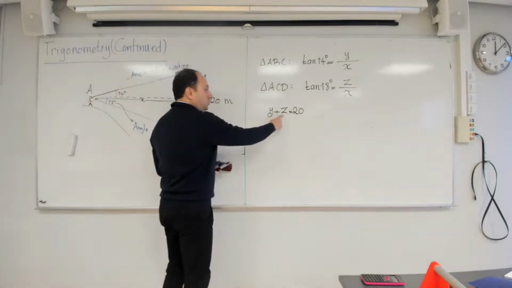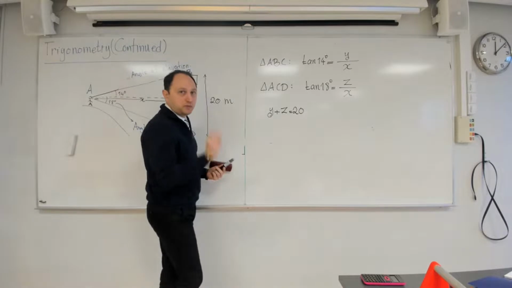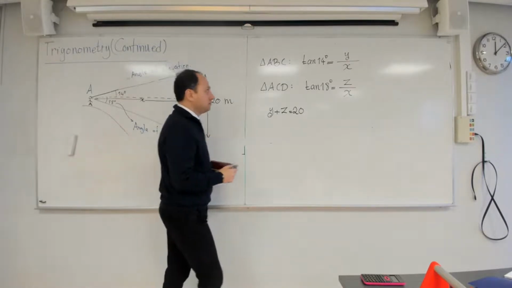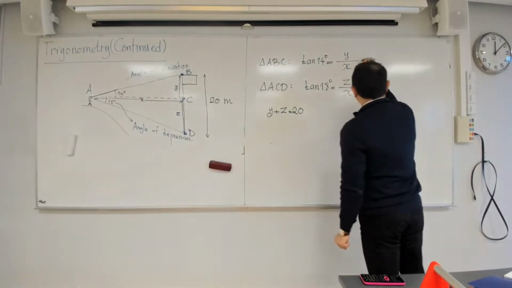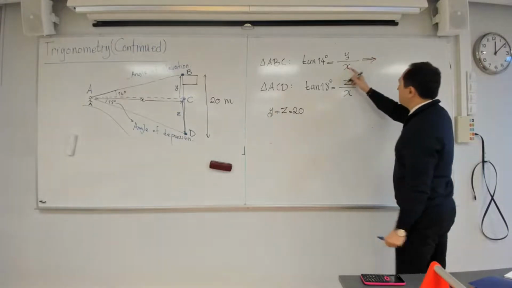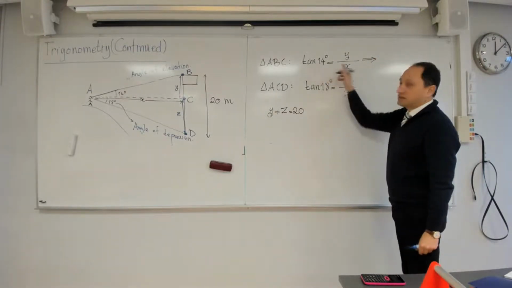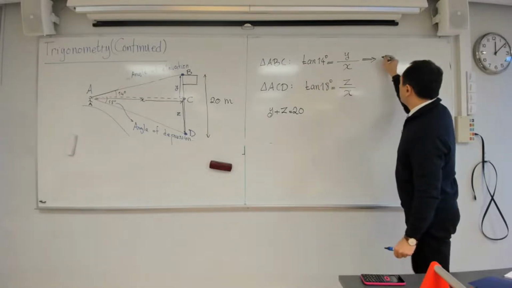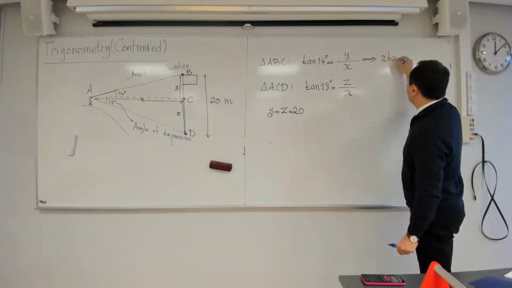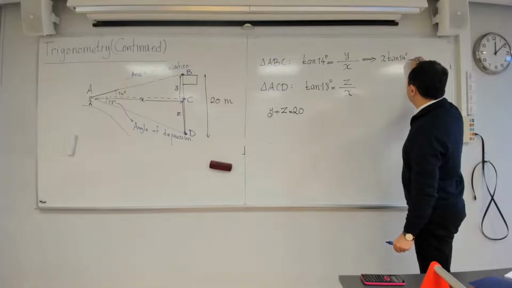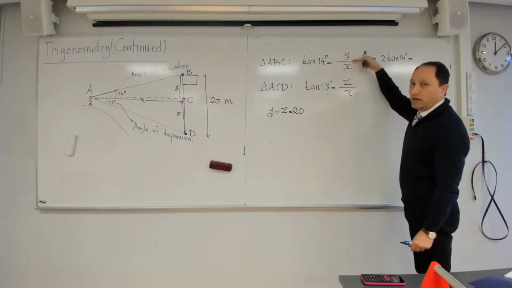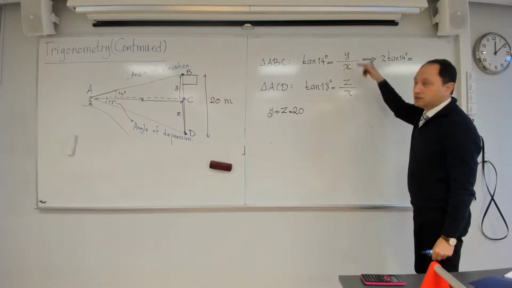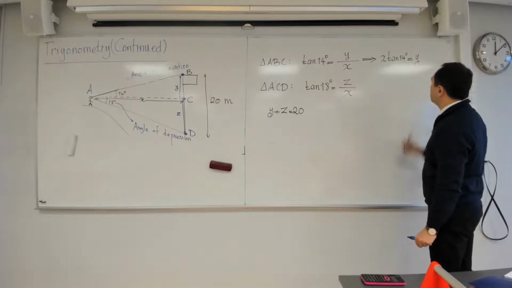These two unknowns are not my point. My point is to find x. But from here, I multiply both sides by x. If I multiply this by x, it becomes x tangent 14 degrees. If I multiply this by x, the x's cancel, and then I have y.